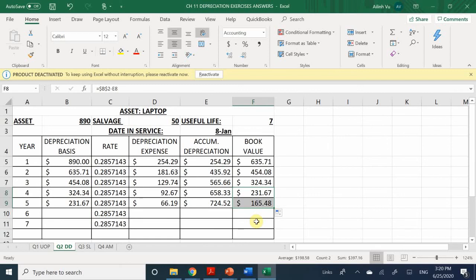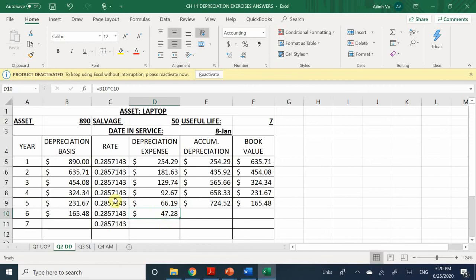And take the book value over the basis. Did you get this one? 165.48. Okay, just making sure. It came off in a bunch of other numbers, but that's rounded up.